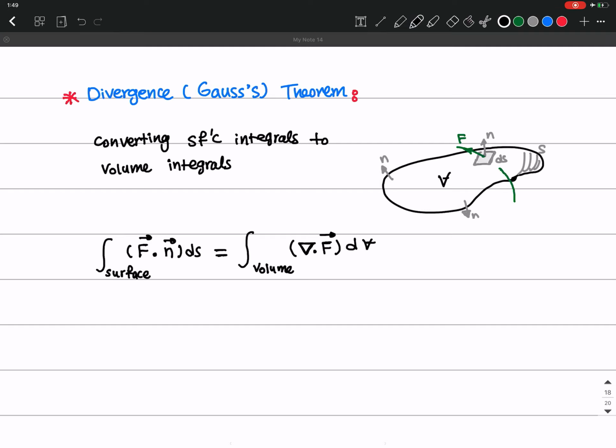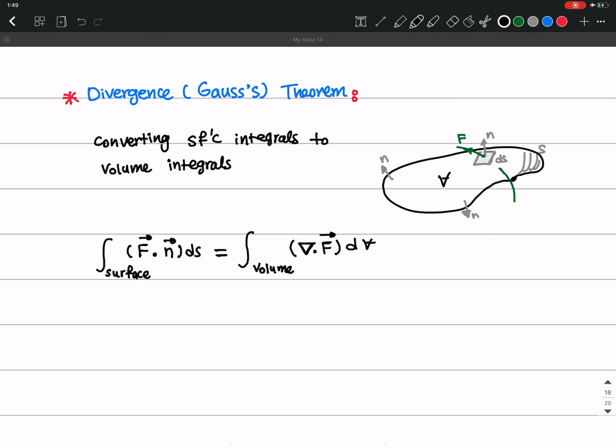So rather than taking just something on the surface, you are getting it over the whole volume. And you need to calculate the divergence of f, or grad dot f. So this is the divergence theorem.